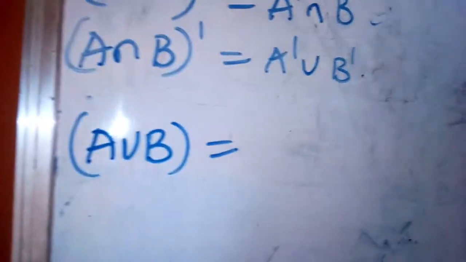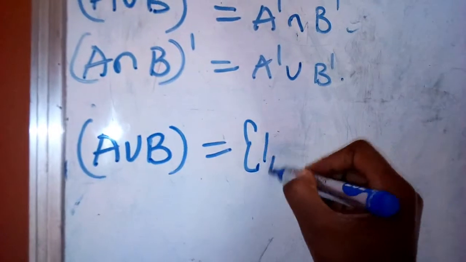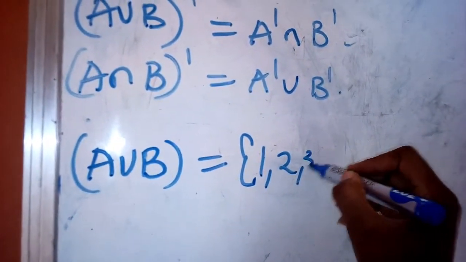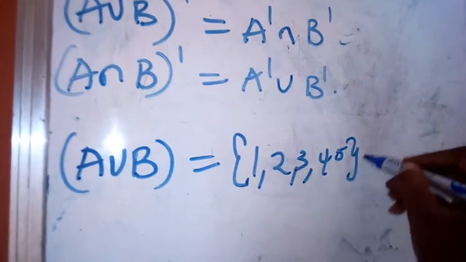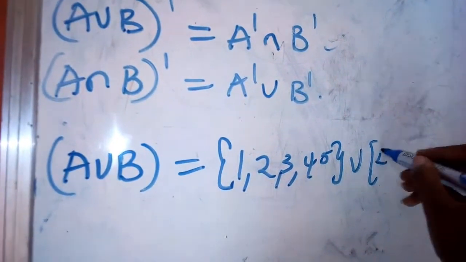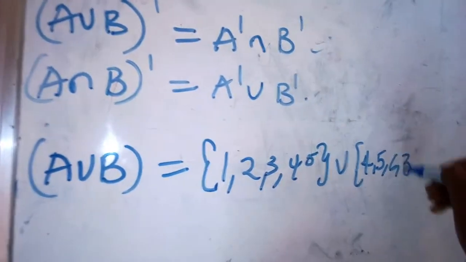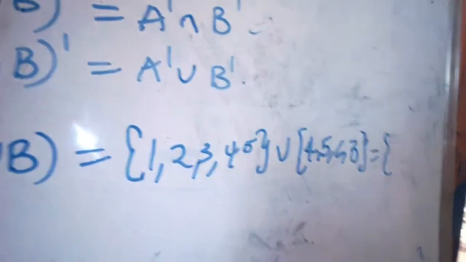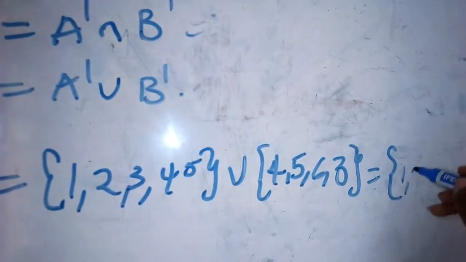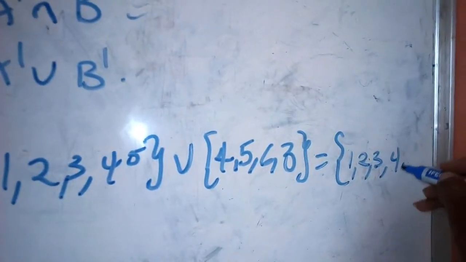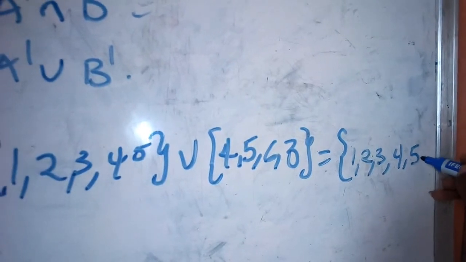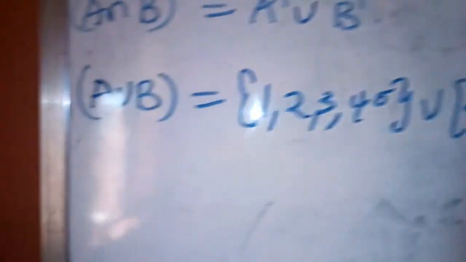What's our A union B? Our A union B is 1, 2, 3, 4, 5 union B, which is 3, 4, 5, 6. So this gives us 1, 2, 3, 4, 5, and 6.